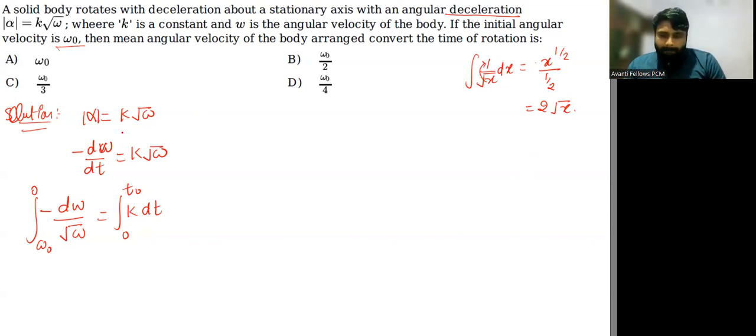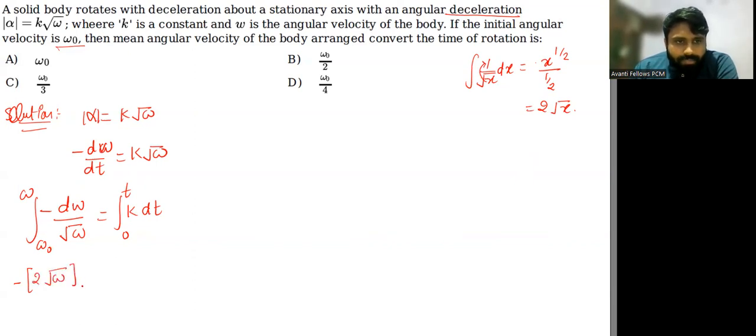So now, we will calculate it for a general time t. For a general time, the omega will be here. So we will say that it is minus 2 root omega, from omega naught to omega, equals 0 to t of k dt.